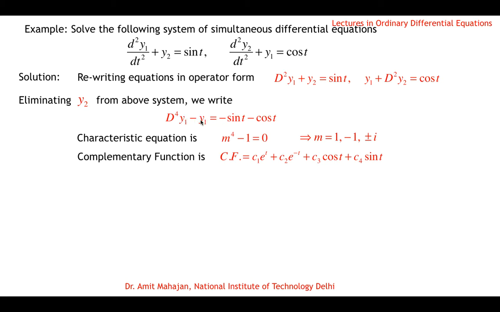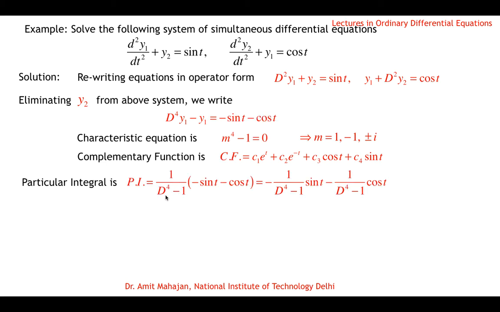Now this is a non-homogeneous system, so we will also have a particular integral because of the right hand side. So 1 over the operator, that means 1 over D⁴ - 1, operated on this. By linearity we can separate the two: 1 over the operator on the first, plus 1 over the operator on the second.